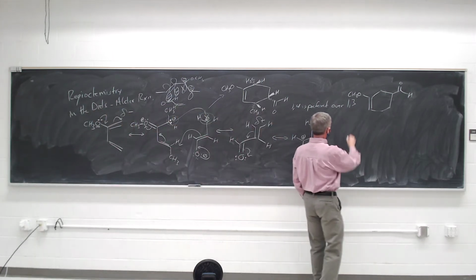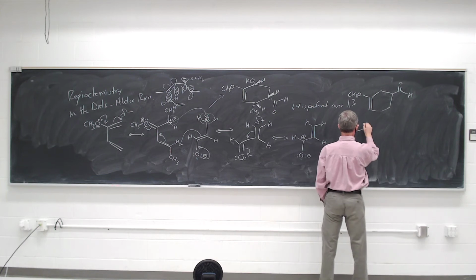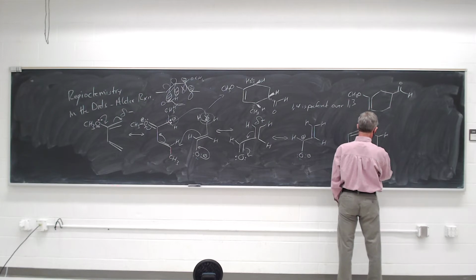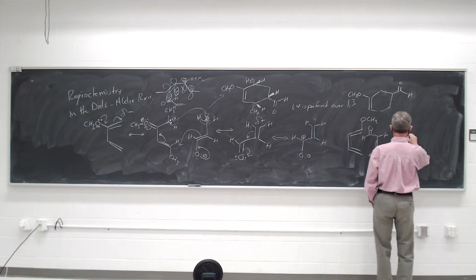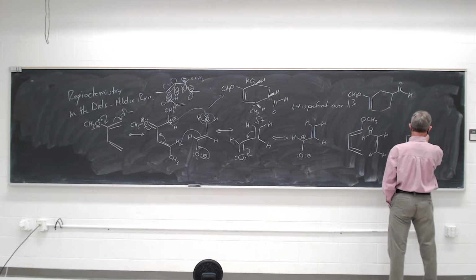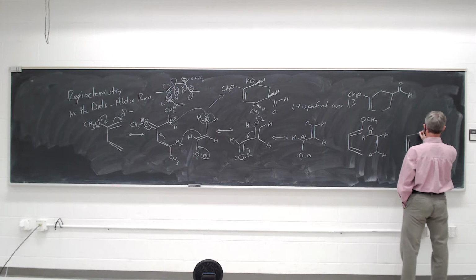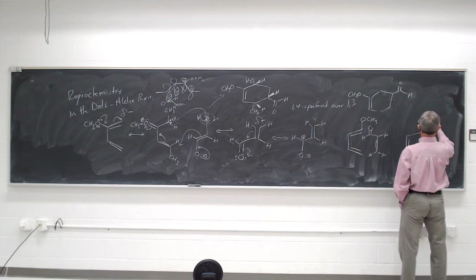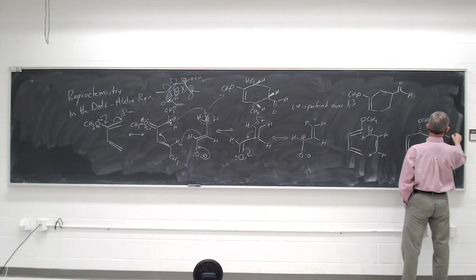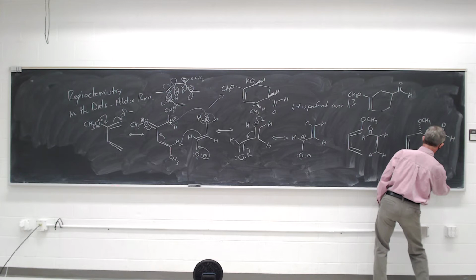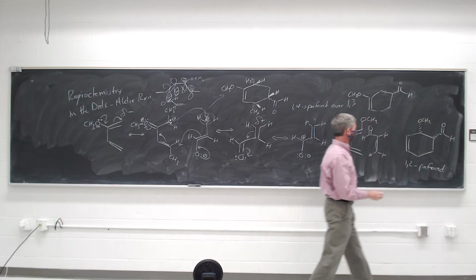If you were to have an electron donating substituent on the end of the diene like this, the product would end up forming the 1,2 stereochemistry, where the methoxy group and the aldehyde instead of the 1,3.